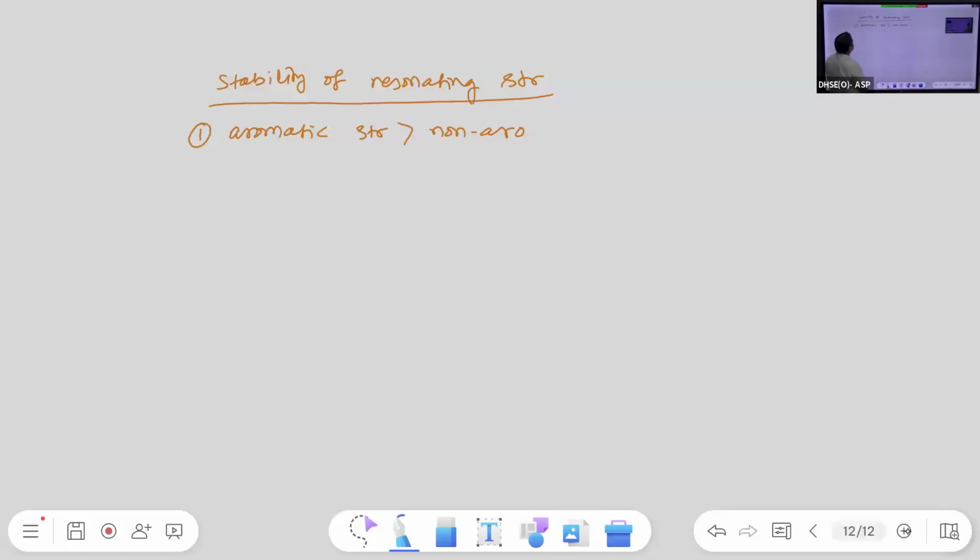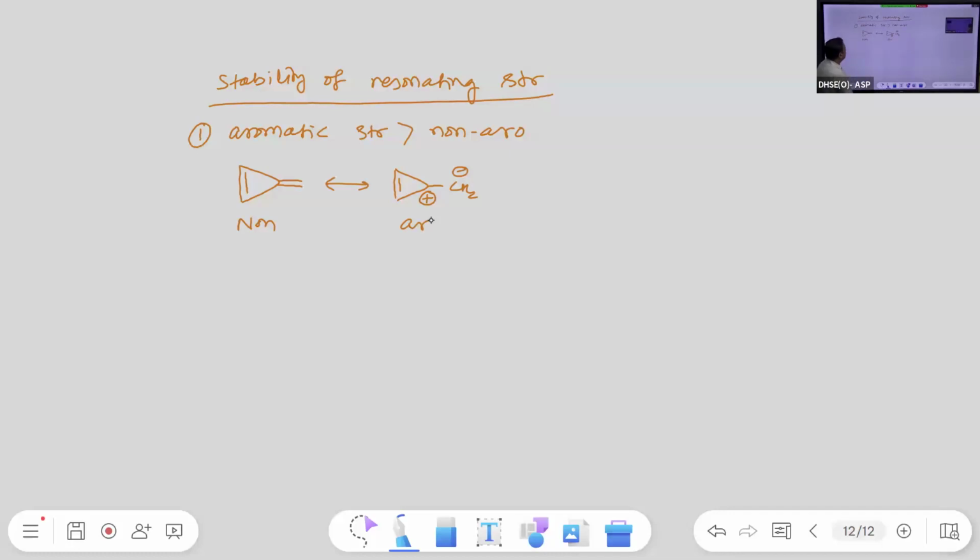So here, stability of the resonating structure. First, the aromatic structure is more stable than the non-aromatic structure. Like this, and its resonating structure is CH2 minus, CH2 plus. So this one is non-aromatic and this one is aromatic.